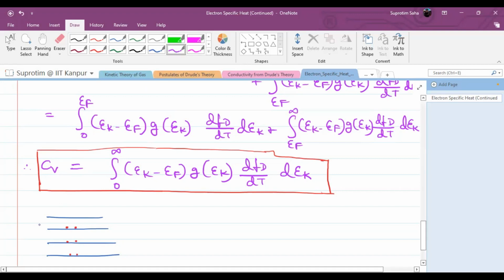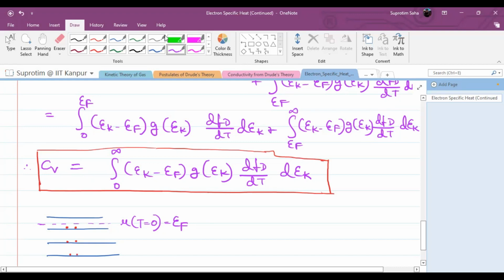So the Fermi energy will be up to this level. If you supply kBT of energy, only those electrons that are in and near the Fermi energy will be excited, which we repeatedly said in the last lecture, because the innermost lying electrons will find no vacant energy levels to go into.